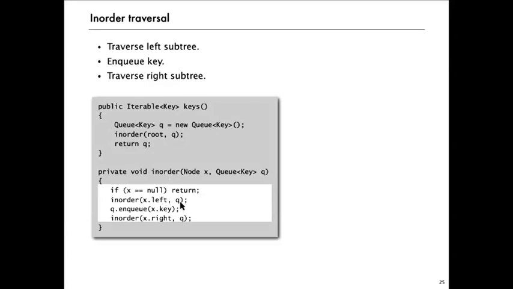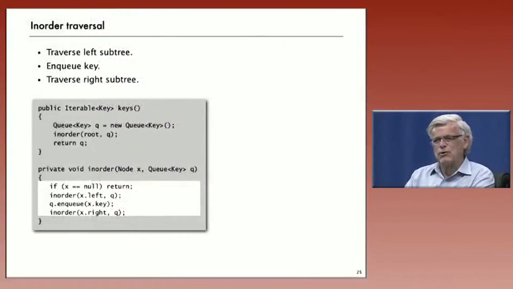And in-order is just a simple recursive method. Put everybody to the left on the queue, then put the root on the queue, then put everybody to the right on the queue. And to believe this method, you just have to think recursively and prove by induction that this in-order method puts all the keys in the data structure on the queue in their natural order.